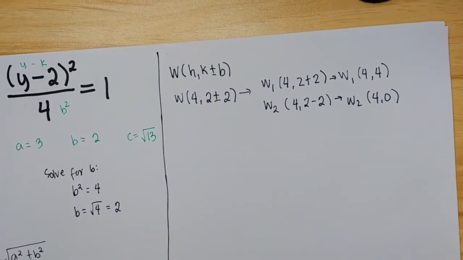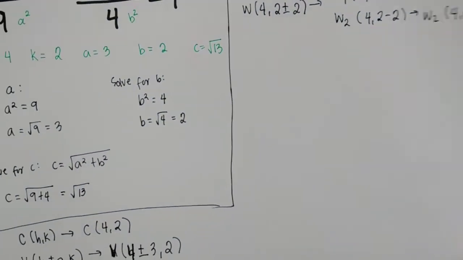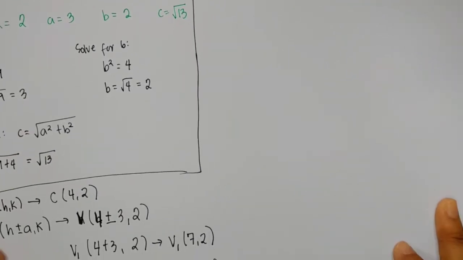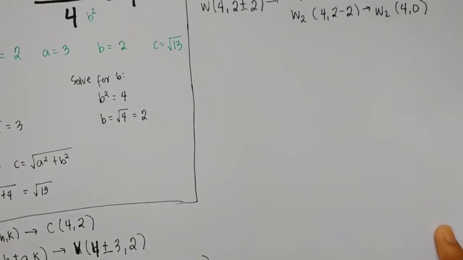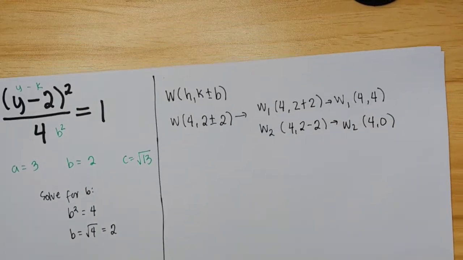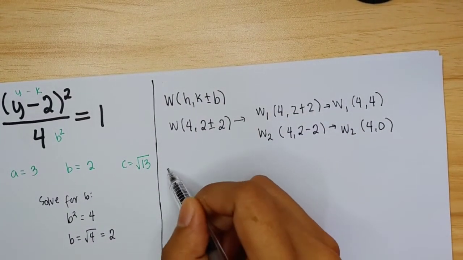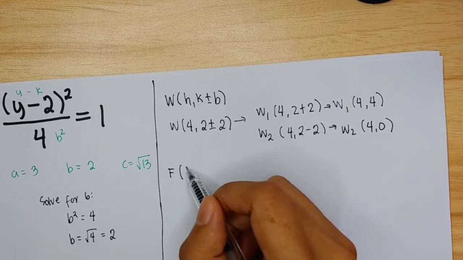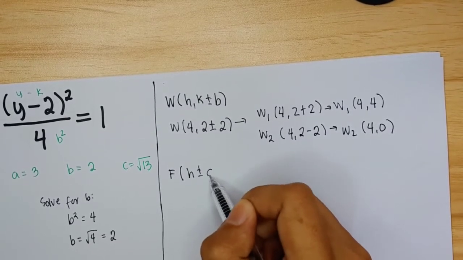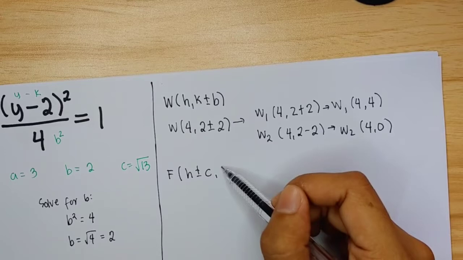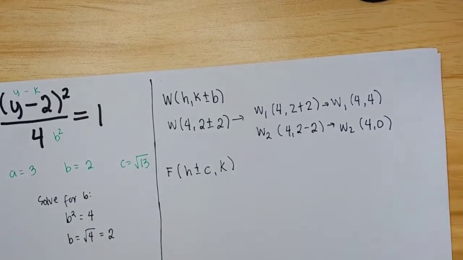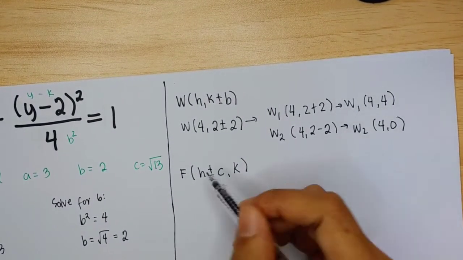Okay. So, meron na tayong center, meron na tayong vertices, tapos meron na tayong co-vertices. Proceed tayo sa focus. So, yung sa focus natin, F, that is, again, (h plus minus c, k). So, ano yung F1 natin?